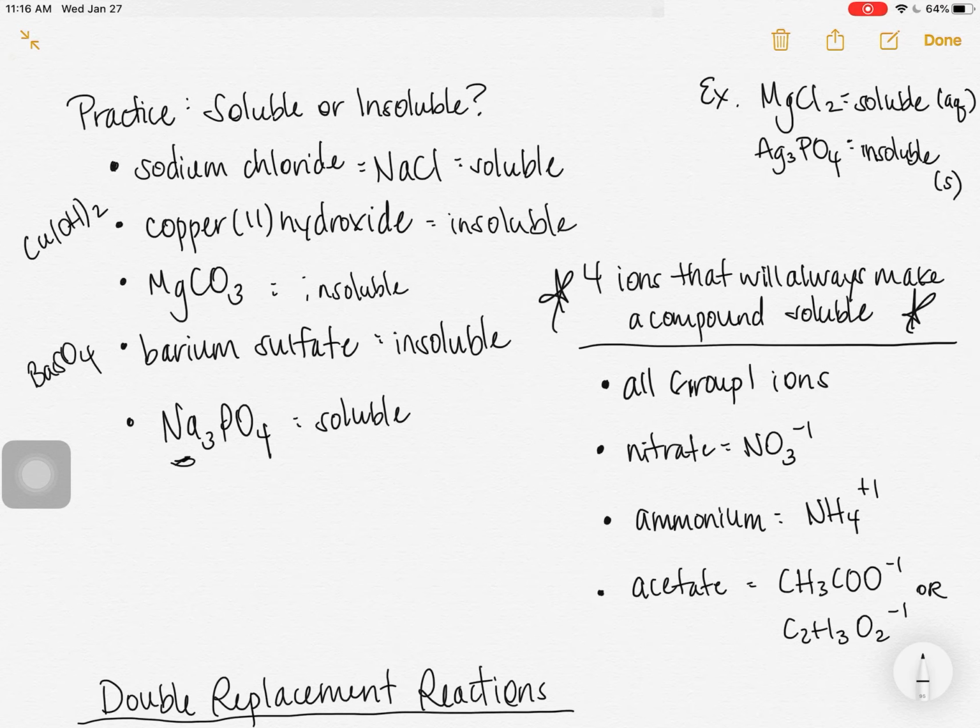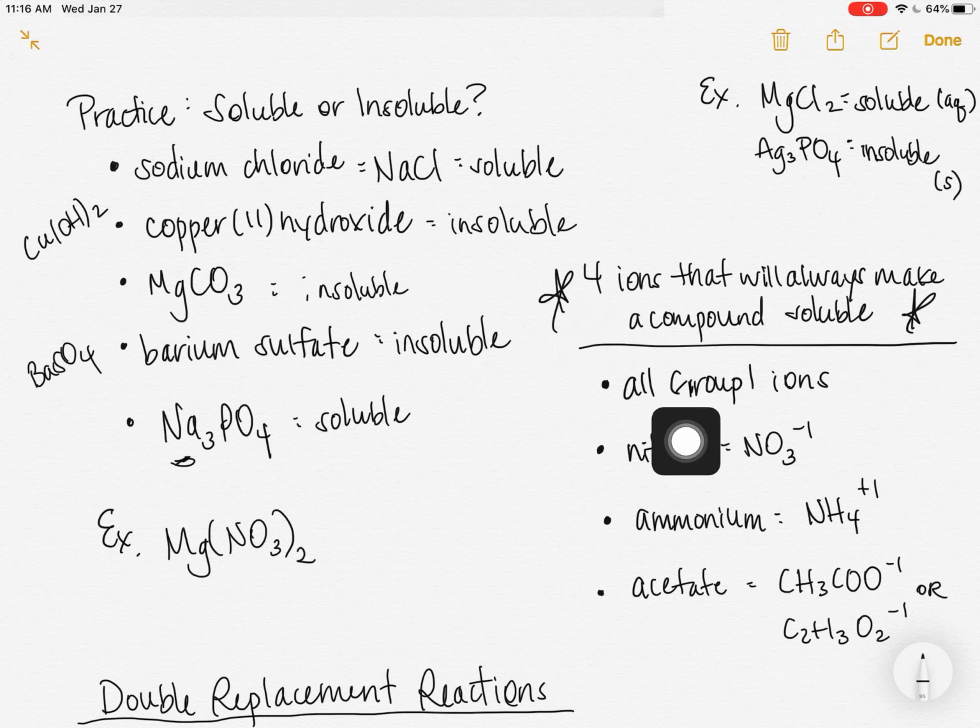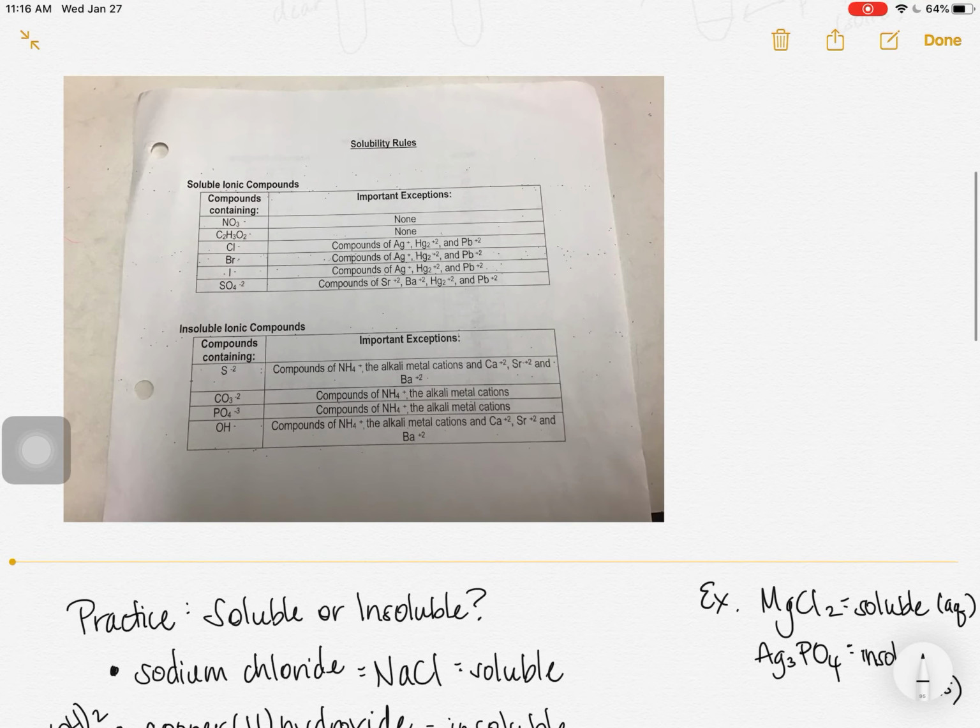Okay, so what's nice about this is now if I gave you this and asked you to determine the solubility of magnesium nitrate, you should say, oh, nitrate. Nitrates are always soluble. And I did that in 1 second rather than having to go up here to the table to prove the fact that this substance is going to be soluble.